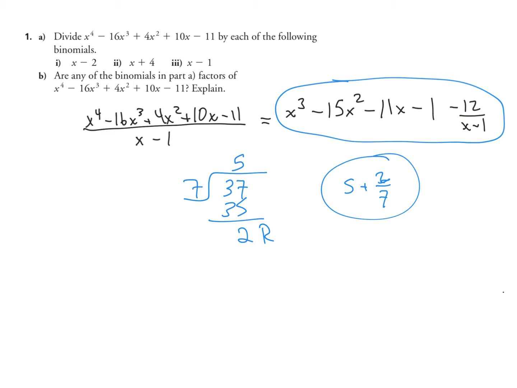But if there's 0 remaining, let's say I do 35 divided by 7, this is 5 and 0 remaining, that's because 7 is literally a factor of 35, and so is 5. So both the divisor and the quotient are factors if you have 0 remaining. If you don't have 0 remaining, then the divisor is not a factor.